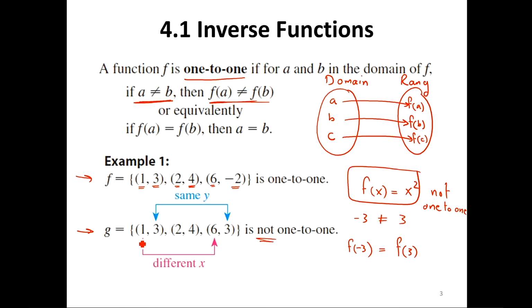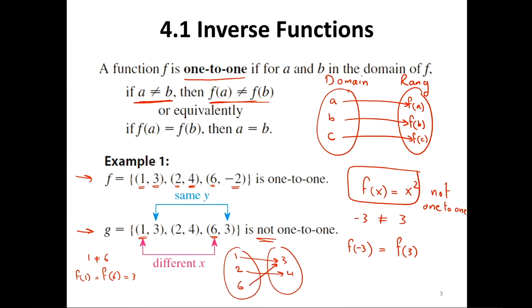Why not one-to-one? Look at this. We have 1 linked with 3, and 6 linked with 3 also. So we have 1 not equal 6, but g(1) equals g(6), both equal 3. Also in the Venn diagram, we have 1, 2, and 6. 1 connects with 3, 2 connects with 4, but 6 also connects with 3.